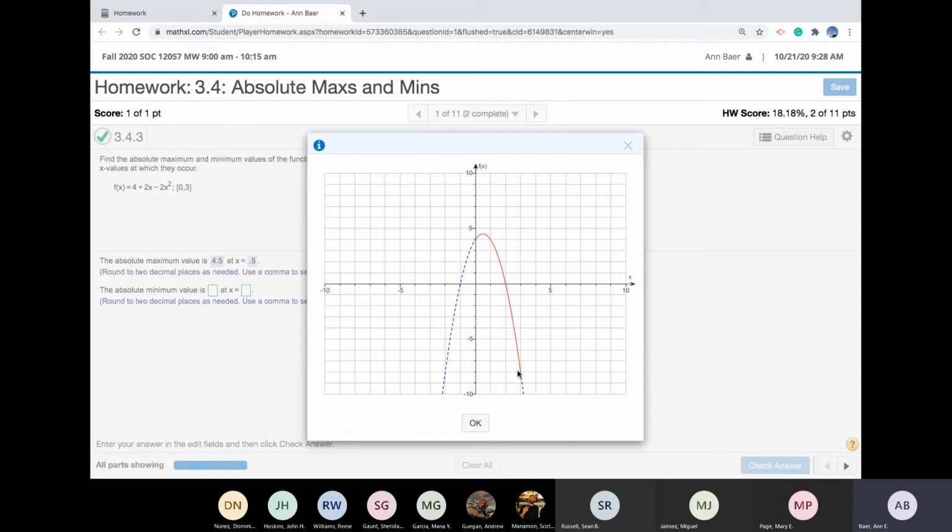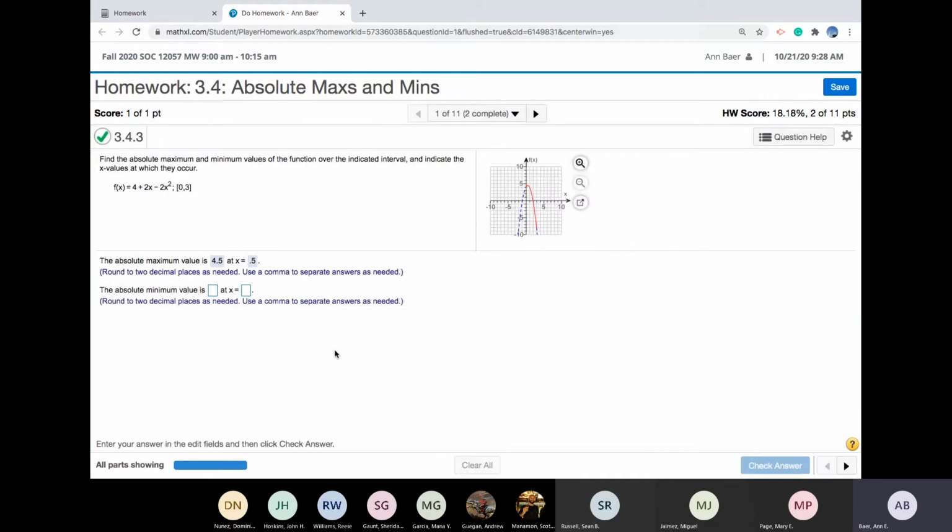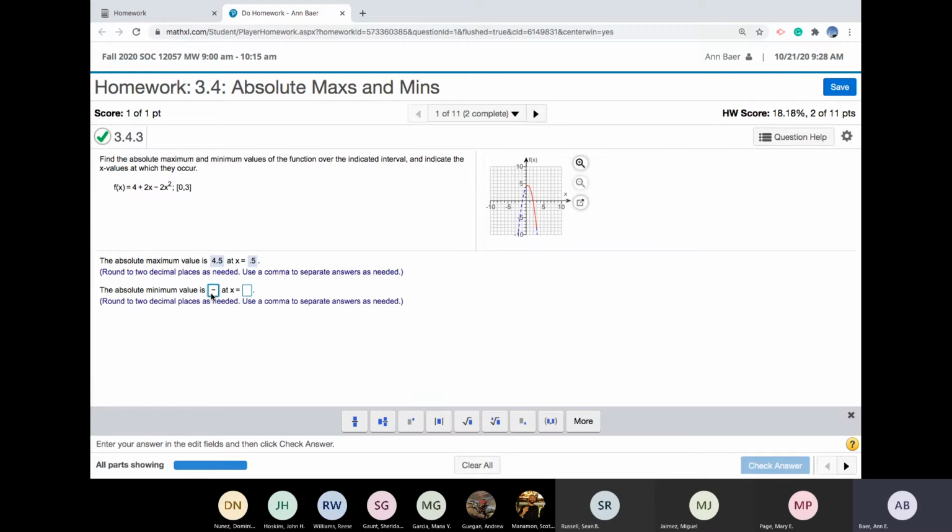We can go straight over to the y-axis, and it looks like that's at -8. So we're going to go over here and put those numbers in. The absolute minimum value is -8, and that occurs at an x coordinate of 3.